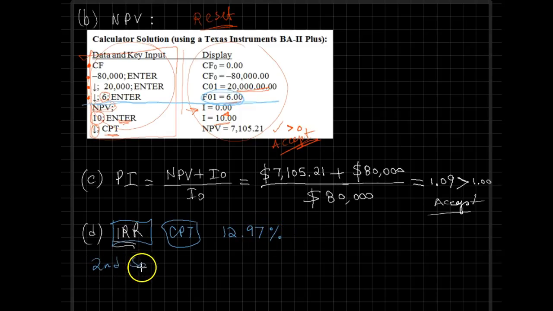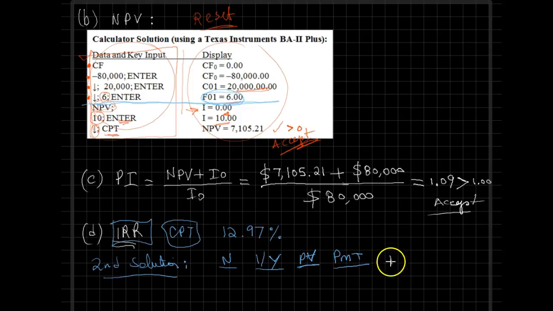Alternatively, a second solution would simply rely on the third row of our financial calculator. So this is PV, payment, and FV. We know that this is a 6-year project. We are interested in figuring the IRR, so that one would be a question mark. The initial investment in the project is $80,000, so we enter that in as a negative.